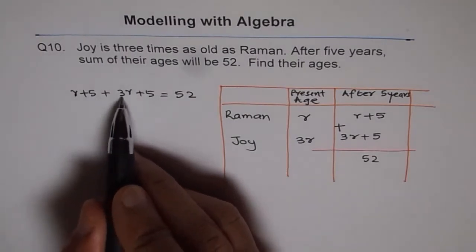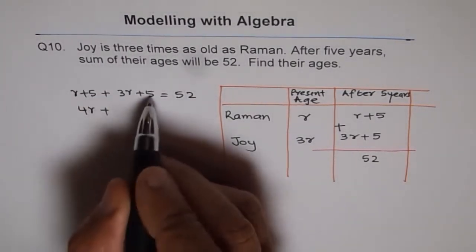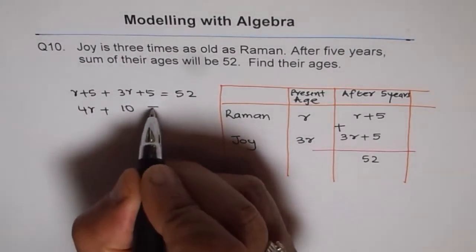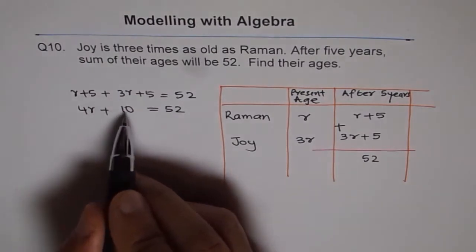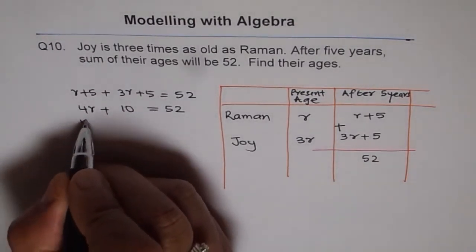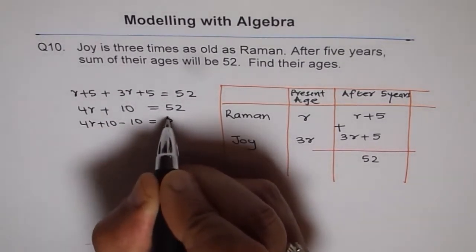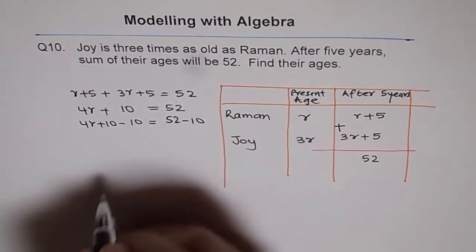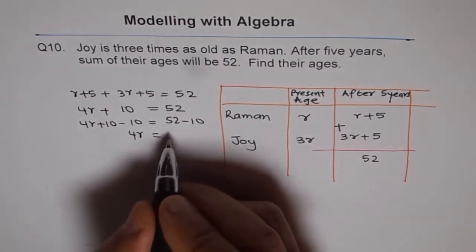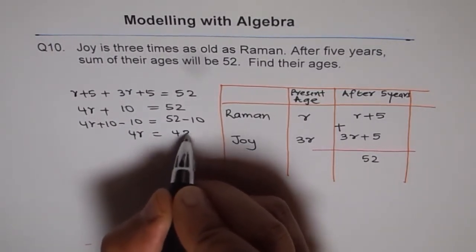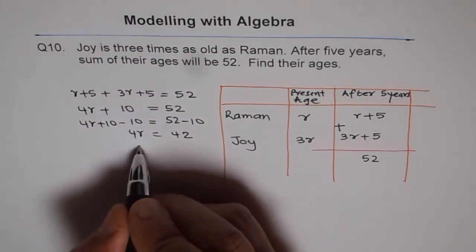R plus 3R is 4R. So I get 4R plus 5 plus 5 is 10 equals 52. Now I want R, so I'll take away 10 from both sides. I say 4R plus 10 minus 10 equals 52 minus 10. And 10 minus 10 is 0. 4R equals 52 minus 10, which is 42.